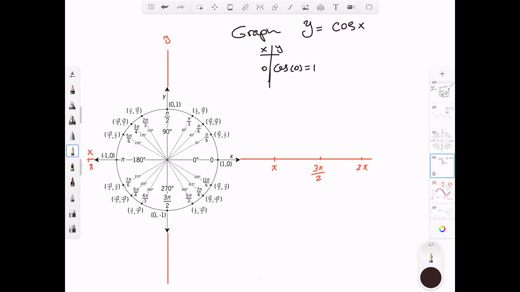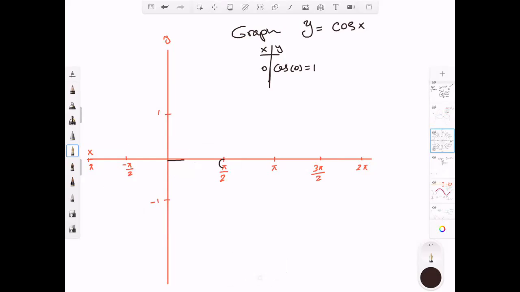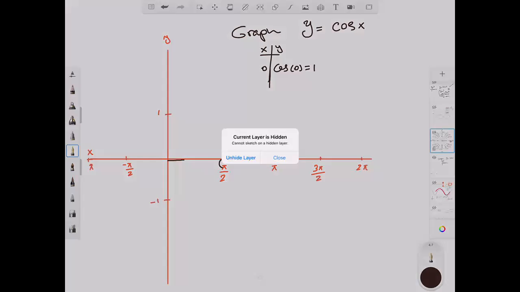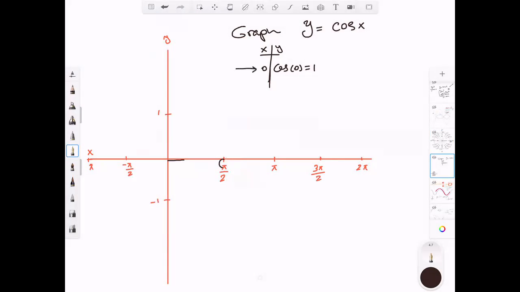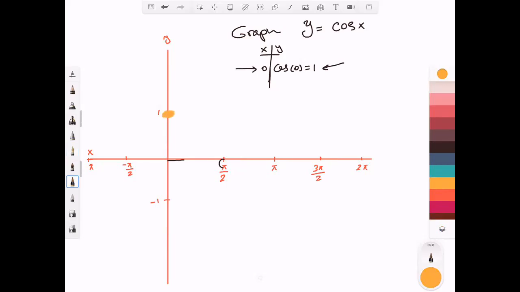So in the unit circle, this is 0, and cosine of that is 1. It's here. So that means when x is 0, y is 1. So 0, 1, we're going to start from here. That's the point. For sine, we started from here because sine of 0 was 0.